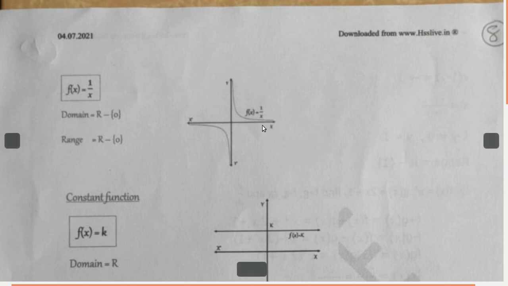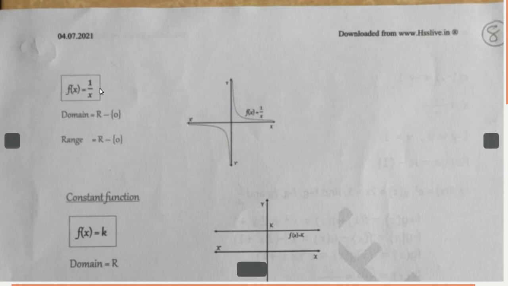Therefore in the y-axis you cannot see an image. If it touched the x-axis, its image or its y coordinate would be 0. Here this graph does not touch the x-axis, so there will not be 0 as an image. So 0 is taken away from the real number set, that is R minus the set 0.